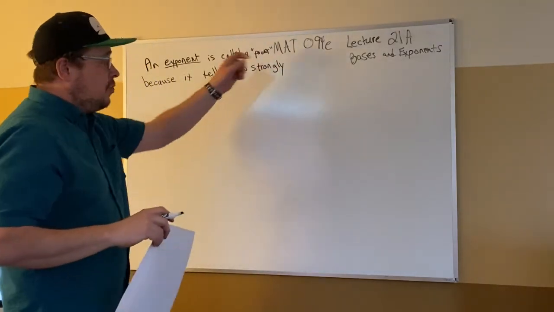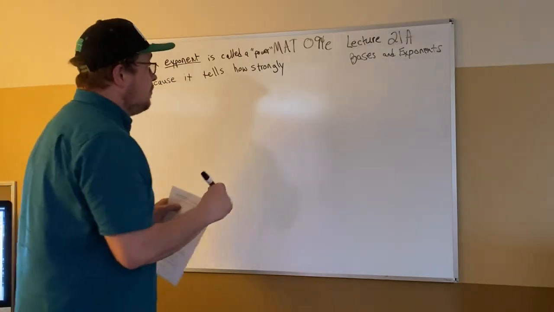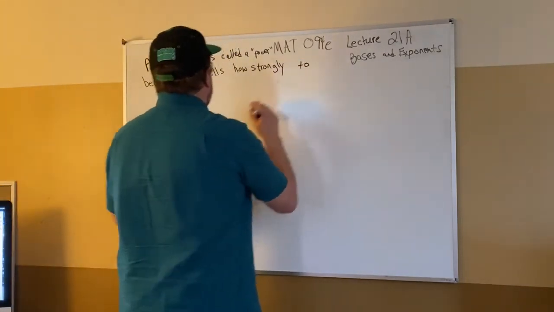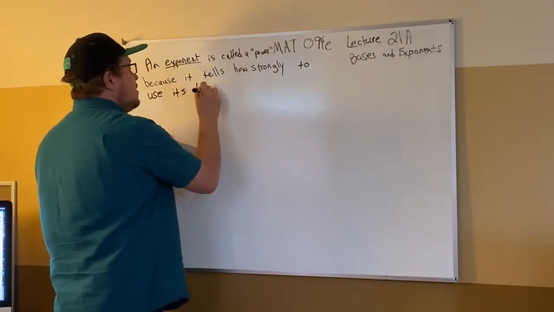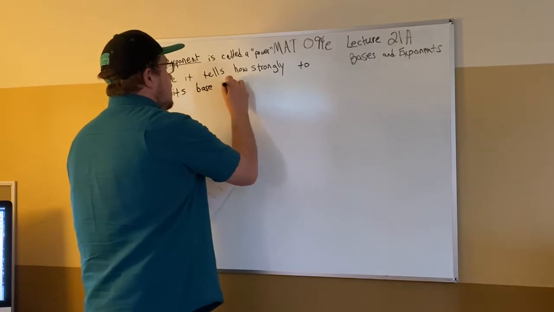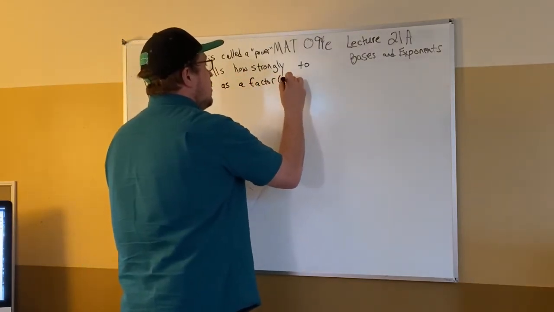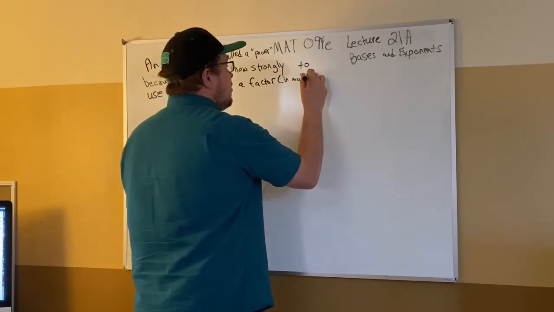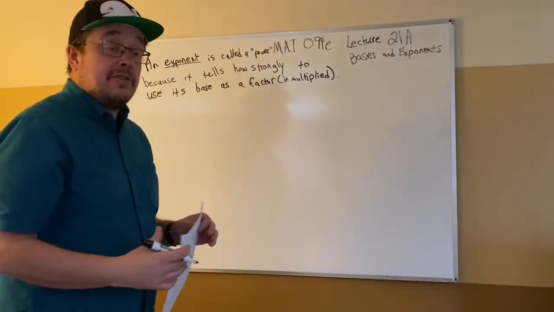So what's happening is when you have a power, it's going to tell you how strong to do something. How strongly to do what? To use its base as a factor. And factors are multiplied. We have terms are added, factors are multiplied.